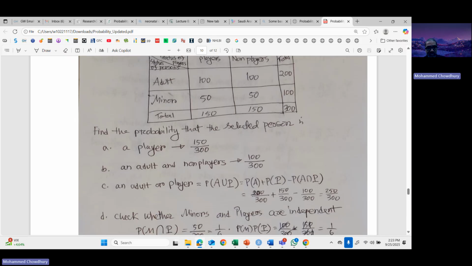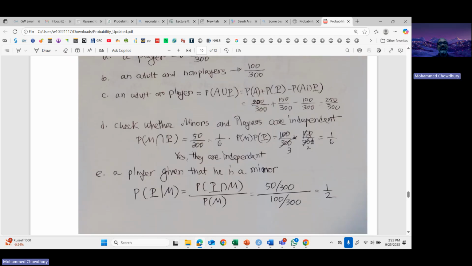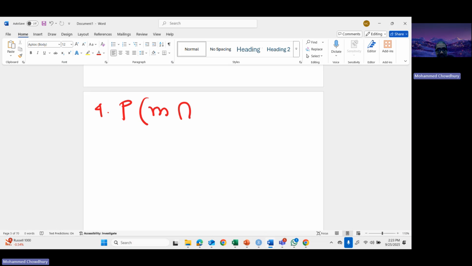So now you saw that we solved 2 problems. Now check whether minor and player are independent. In order to do that, number 4, probability of minor and player.